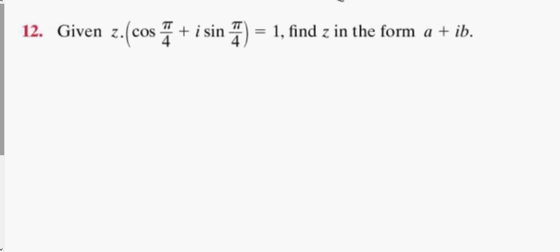Alright. Suppose we could do, you know, they do sort of want us to use the maths from this chapter, don't they? Like, I'd be very tempted just to do this. What's cos pi over 4? What's sine pi over 4?